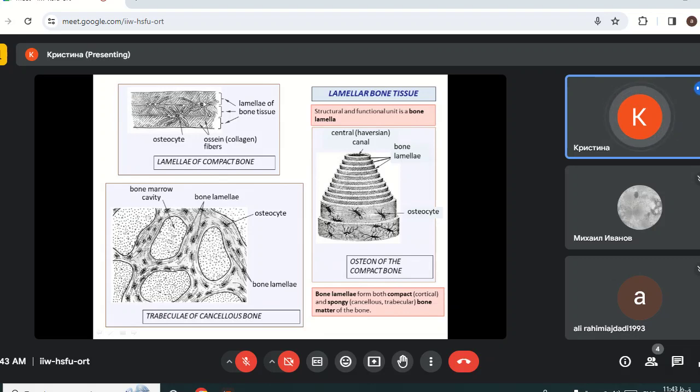Osteocytes are located in lacunae. Lacunae cavities are connected with the canaliculi, or channels, inside which the processes of osteocytes go, and every osteocyte is connected to adjacent osteocytes with nexuses on the tips of their processes.